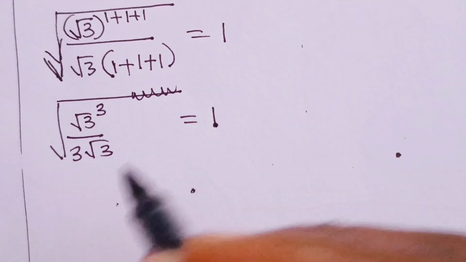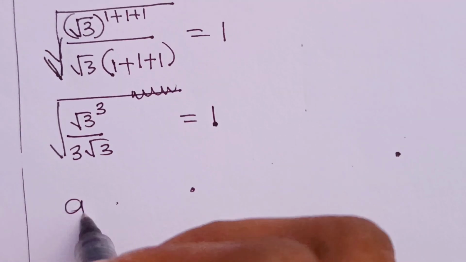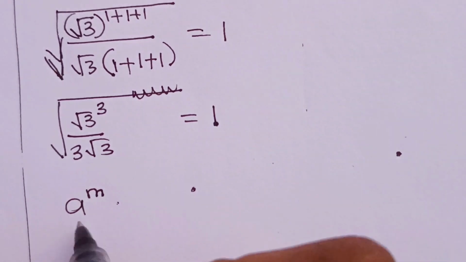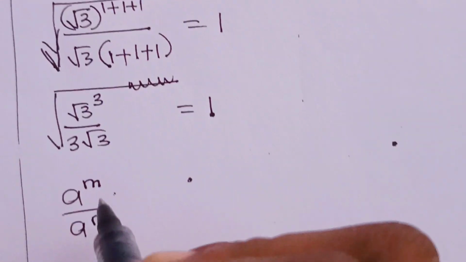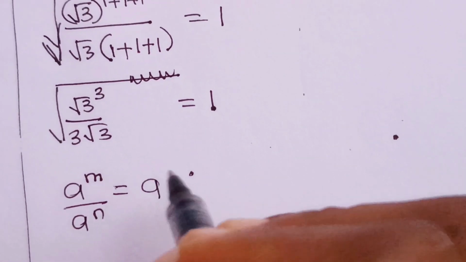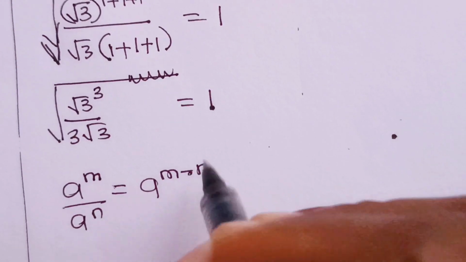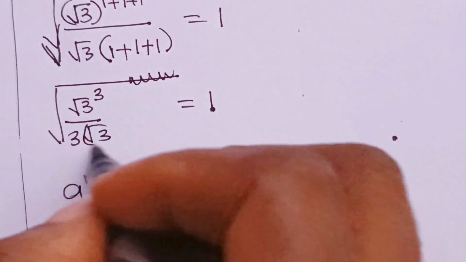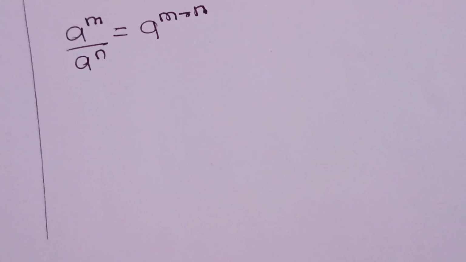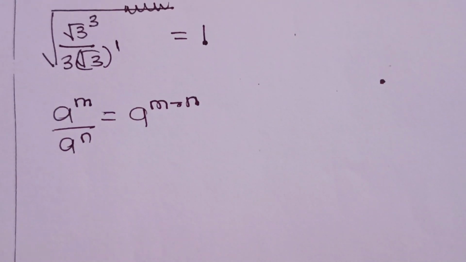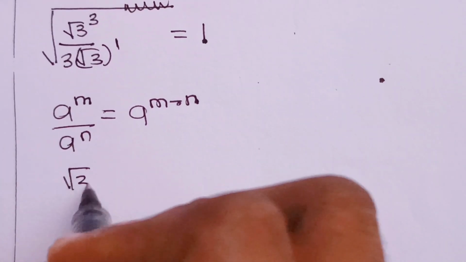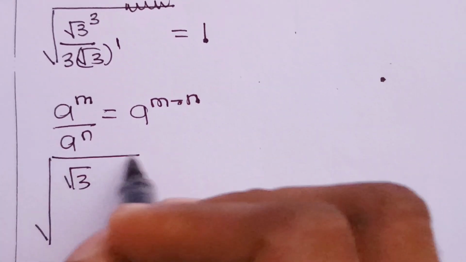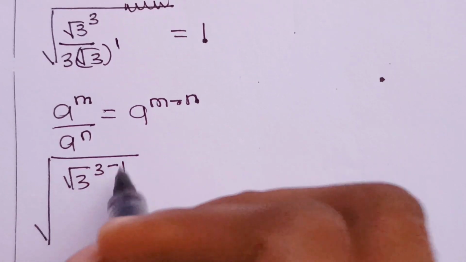Where you have a to the power of m divided by a to the power of n, this is equal to a to the power of m minus n. This root 3 is the same thing as root 3 to the power of 1. Now, since we have root 3 and root 3, we can actually say square root of root 3 to the power of 3 minus 1.